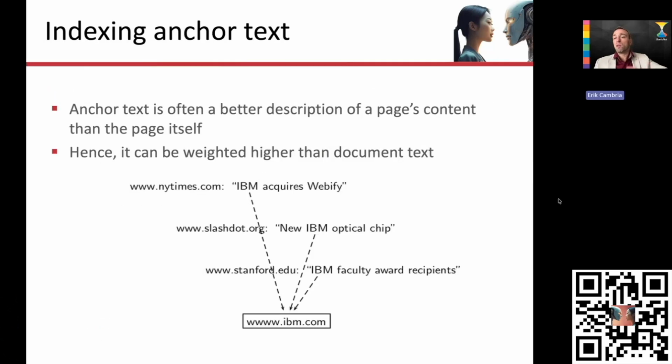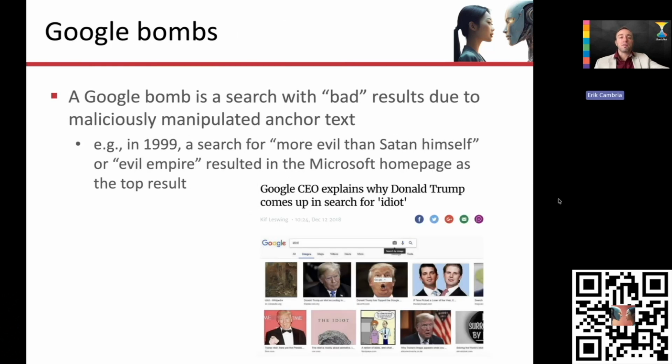But if you look at the anchor text and the link associated to it, then it's more indicative of how to find a node in the web graph that is more authoritative, a node that has a lot of inlinks. And in the past, people have exploited this to create the so-called Google bombs.